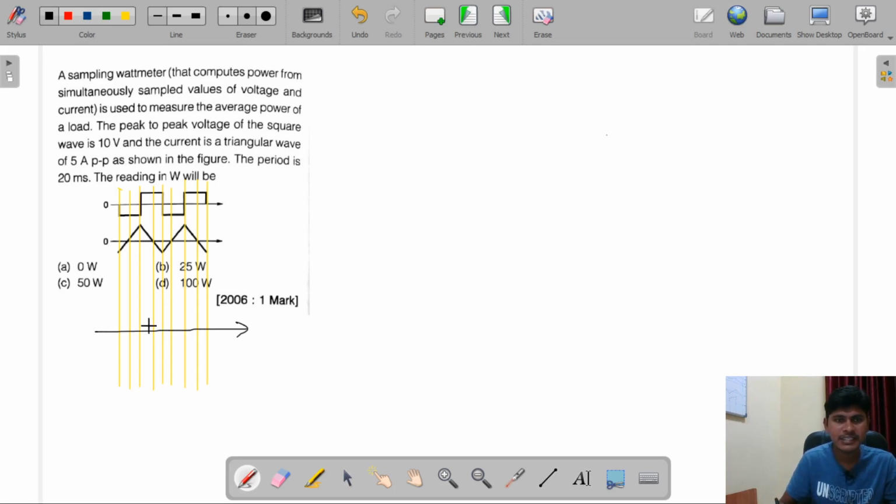This will be instantaneous power P. Negative and constant, and this is variable. Negative and negative gives positive value, so you're going to get it like this. Here 0 into constant gives 0.